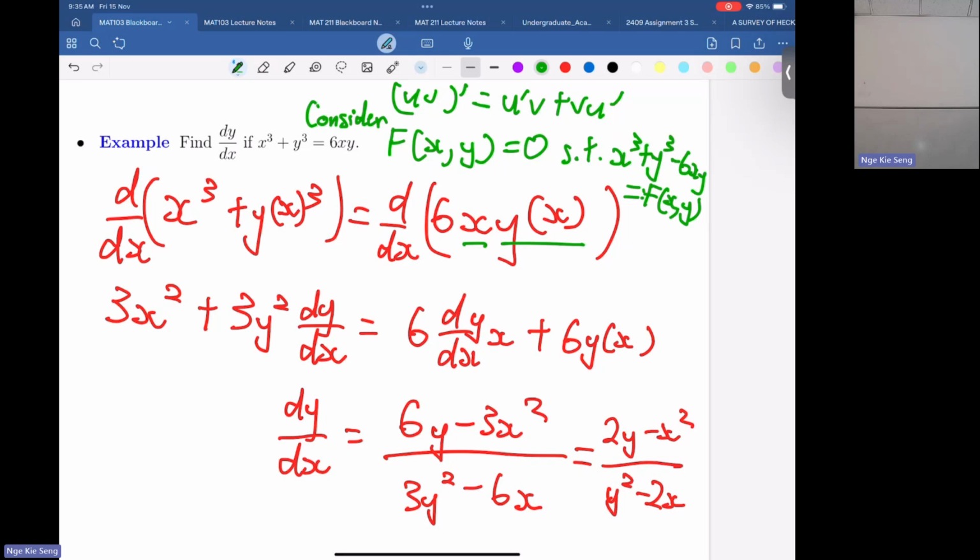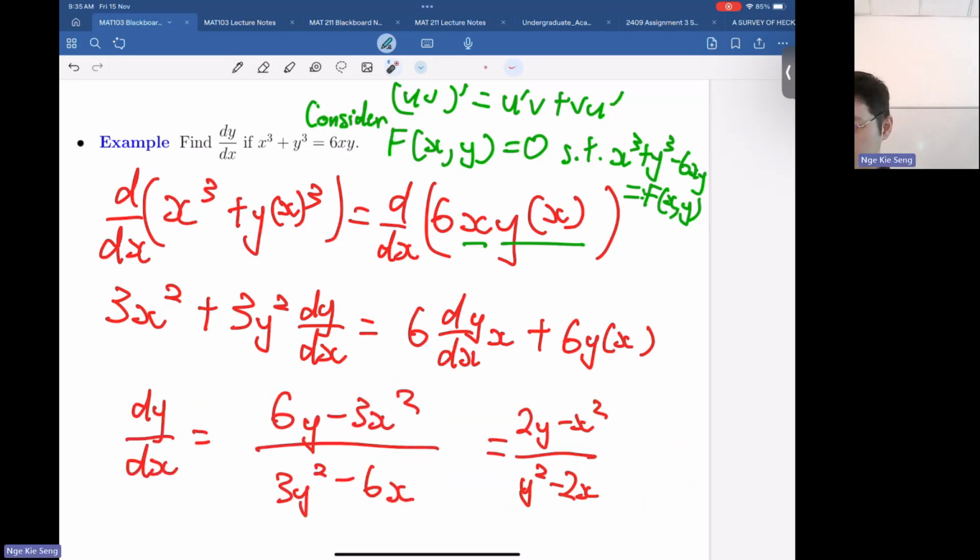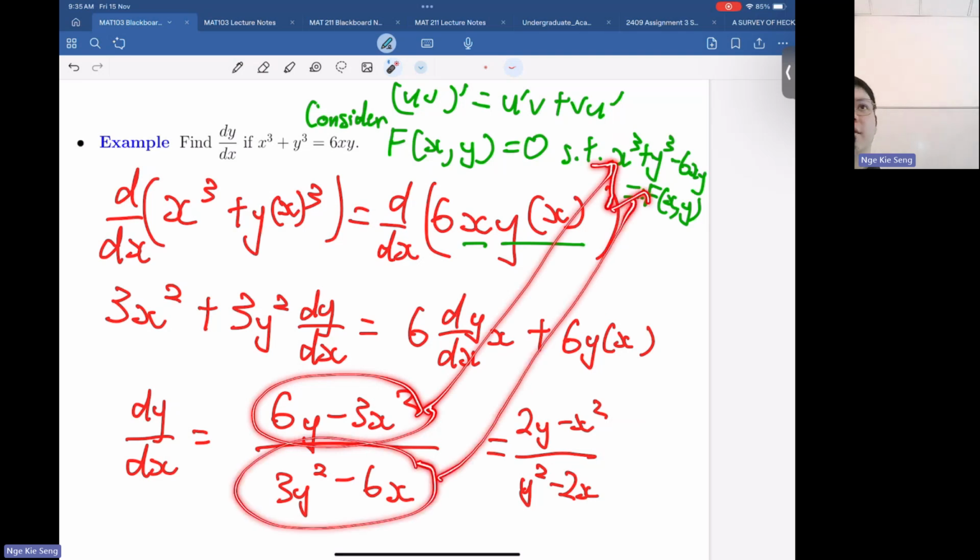Maybe this one is easier to see. They are already simplified. Can you guess the formula from here? Let me make a precise statement. Can you get the numerator from this f? Can you get the denominator from f?